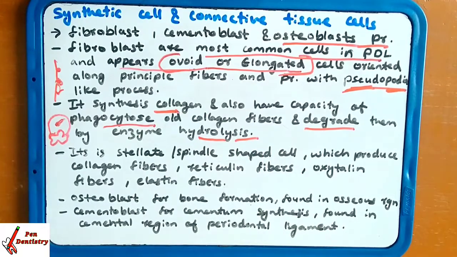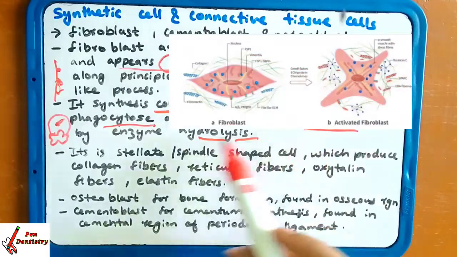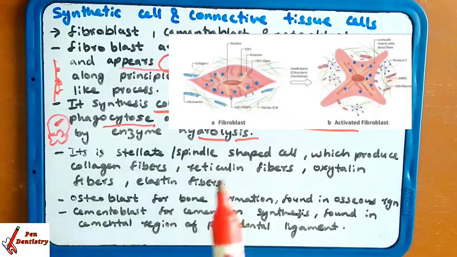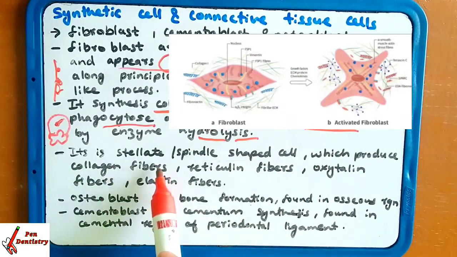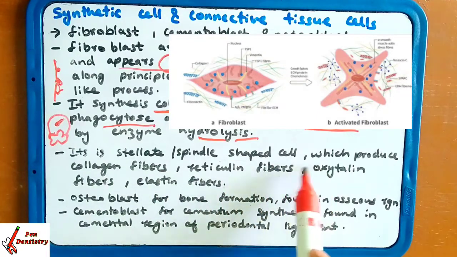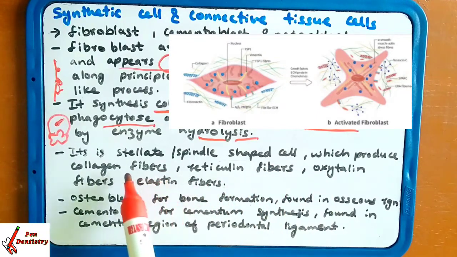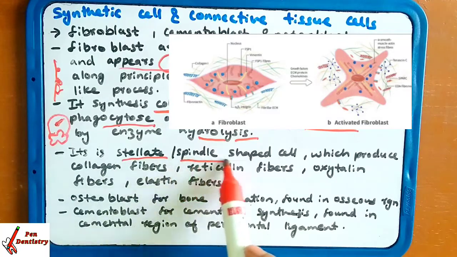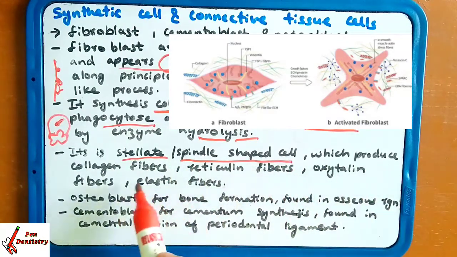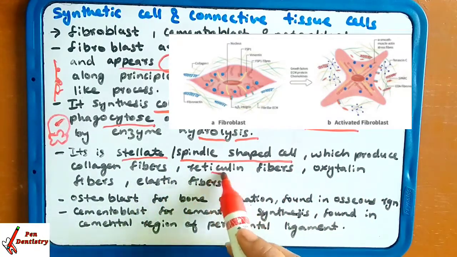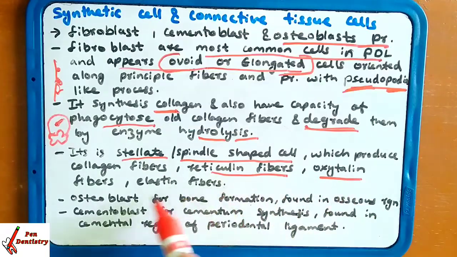They are mostly stellate and spindle-shaped cells which produce collagen fibers, reticulin fibers, oxytalan fibers and elastin fibers.